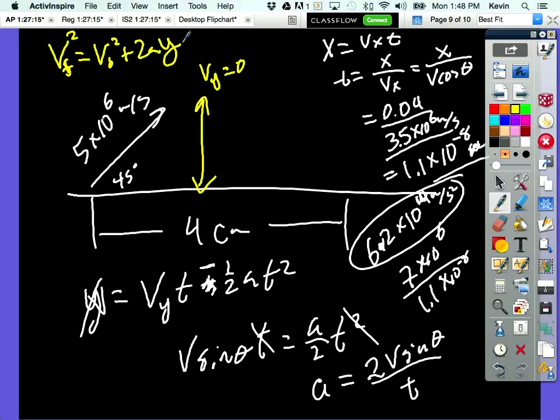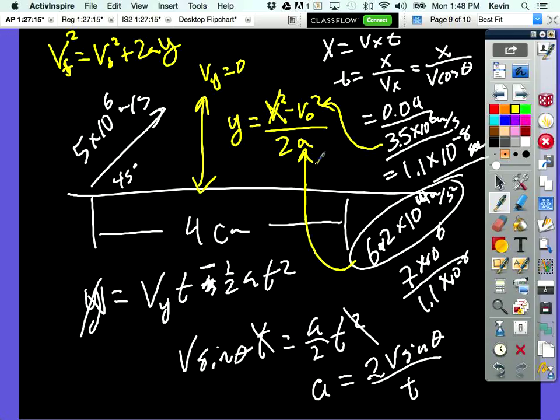Let me call that y, 2ay. So this y is going to equal v squared minus v0 squared all over 2a. Our v squared, we know that's 0. So take this right there, take this right there, and then we'll get our answer.